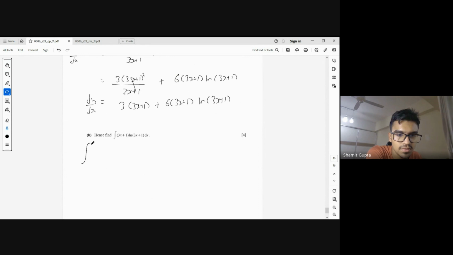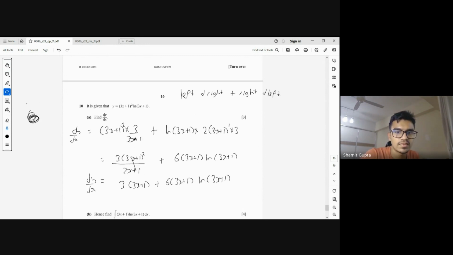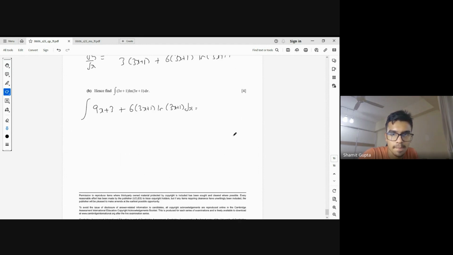So that means that the integration of 3 times (3x + 1), how about we write it as 9x + 3, plus 6 times (3x + 1) ln(3x + 1) dx is equal to (3x + 1)^2 ln(3x + 1). We can break this integral into parts.